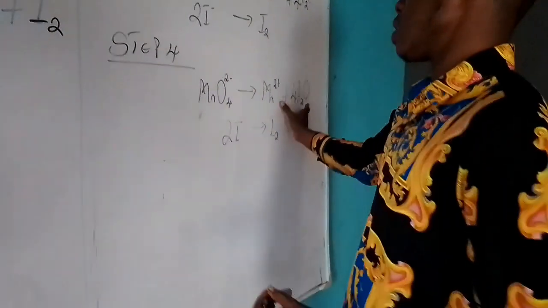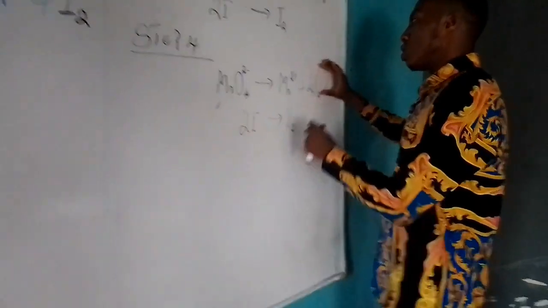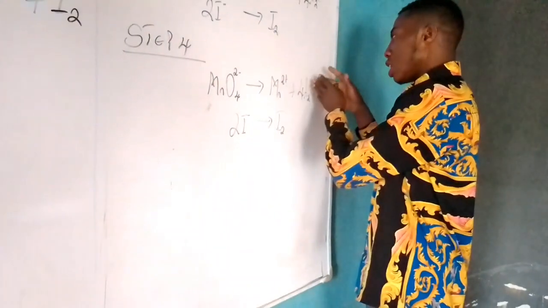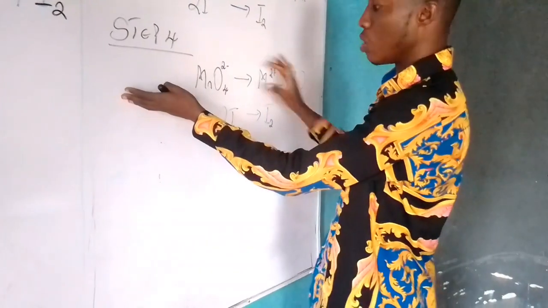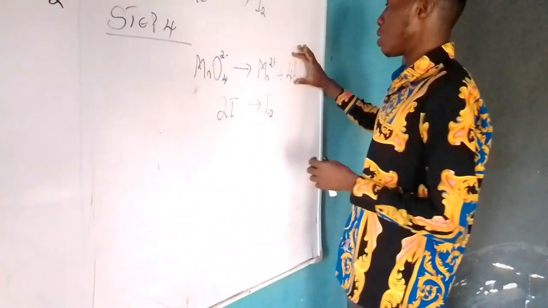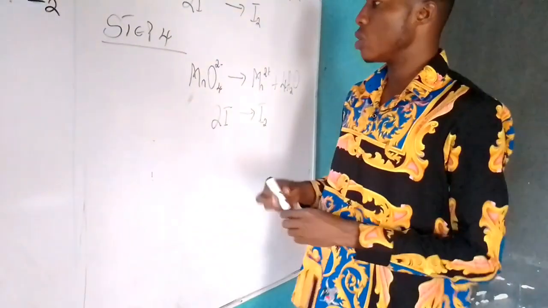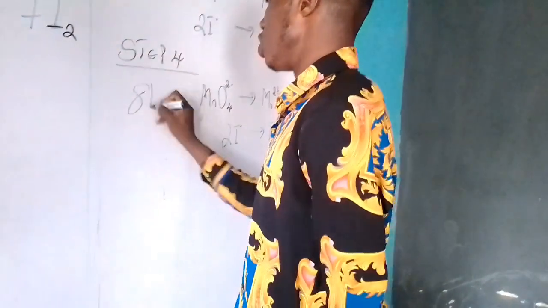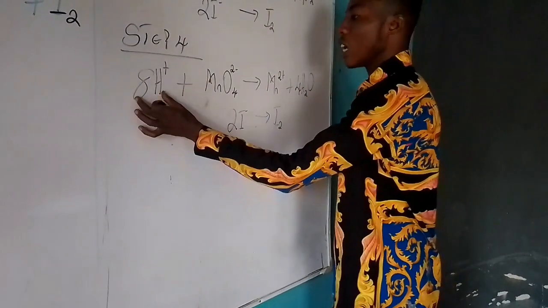You added it on this particular side. As you added water, there was hydrogen and oxygen on this side, but there's no hydrogen on this side. We have oxygen here but we don't have hydrogen. In order for us to balance it, you have to know how many hydrogen ions you have here: 4 times 2, which is 8. So we are going to add 8 hydrogen ions here.